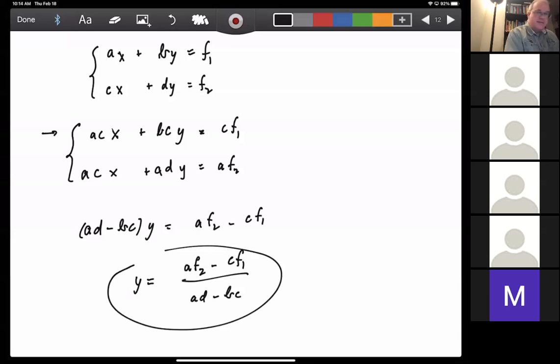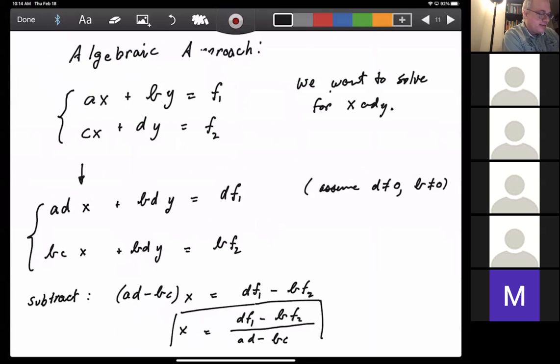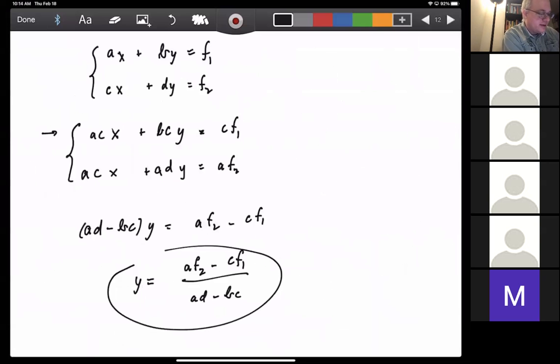All right, so let's think about those two solutions we found. In each case, we have to divide by the quantity AD minus BC. AD minus BC on the bottom for the x, AD minus BC on the bottom for the y. So as long as AD minus BC is not equal to 0, the solution is unique.